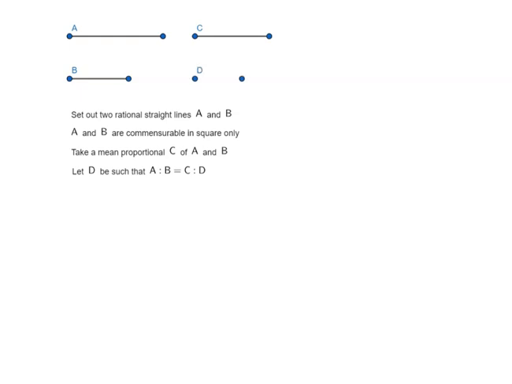Again, pretty straightforward. Rectangle A by B is medial because A and B are two rational straight lines commensurable in square only.